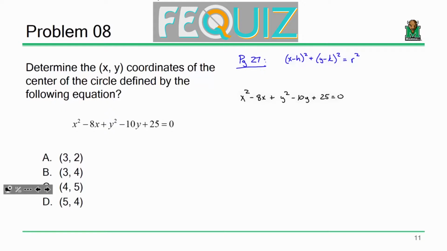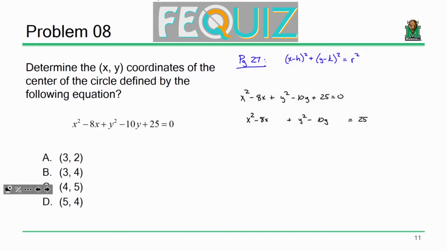I'm going to take that number, the 25, and I'm going to put it on the other end. And I'm going to say x squared minus 8x plus, and I'm also going to do something else. I'm going to put some space out here. Y squared minus 10y equals 25.